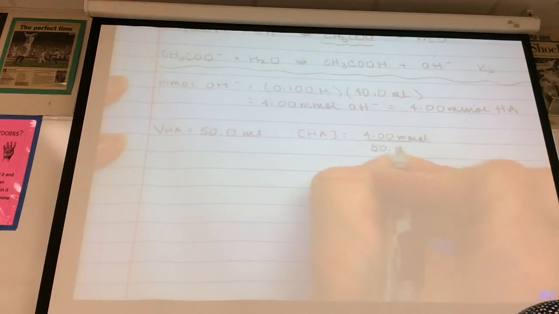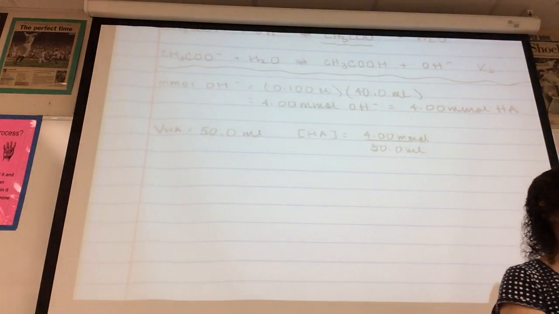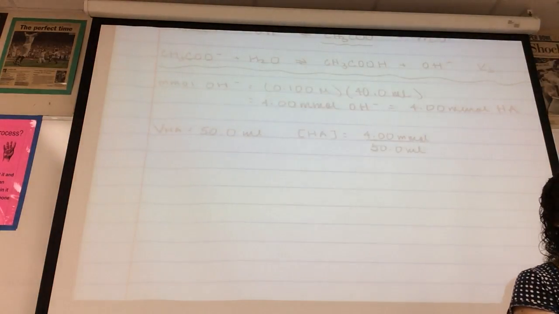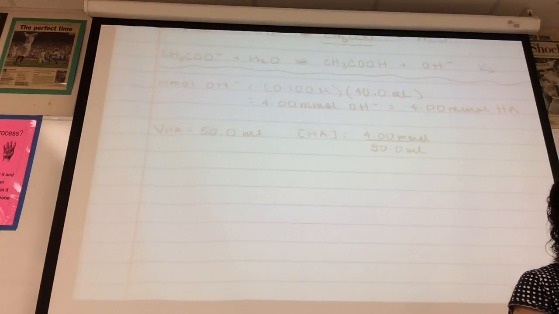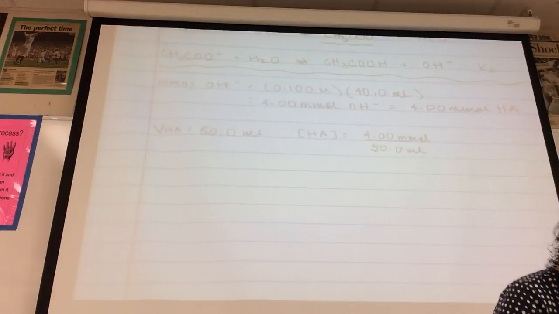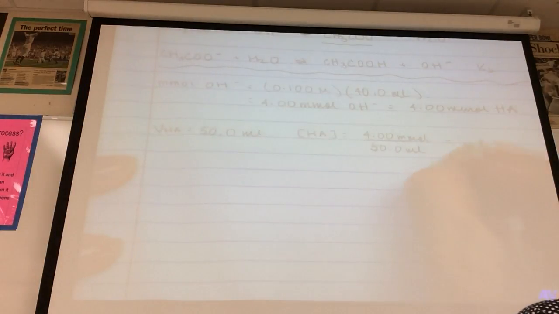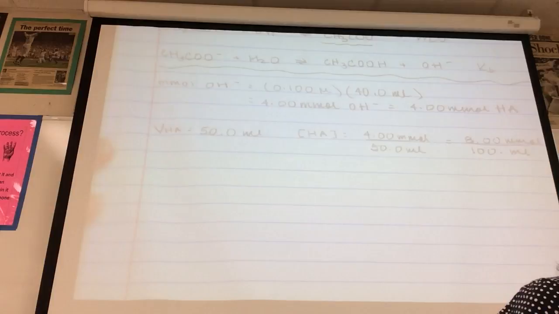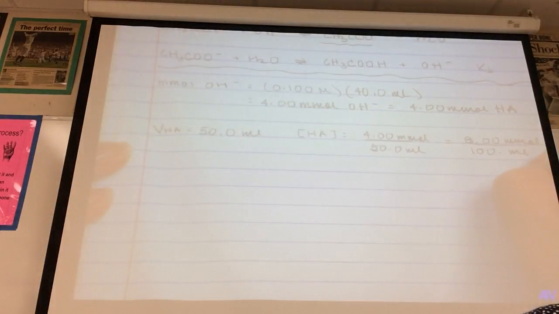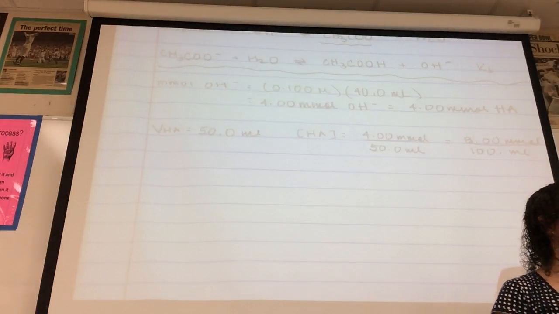Now keep in mind this is non-calculator, right? So some of you are like, oh crap, I can't do this. Think fractions. You know that this is the same as this, and that would just be that.